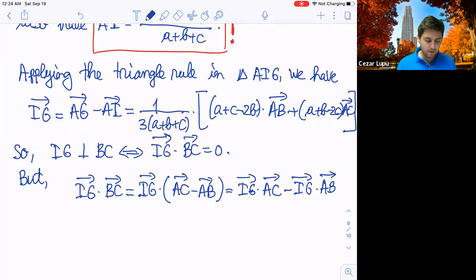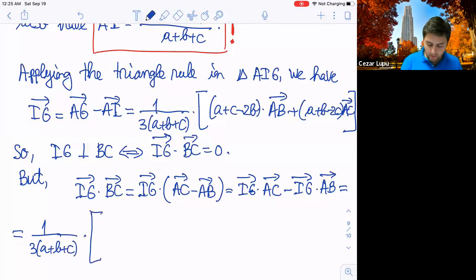And this will be, oh my, we have again some computations, and this will be equal to IG dot AC, so this will be 1/3 times (A plus B plus C) times, and now here we go again. So IG, so it's AB, AC. Okay.